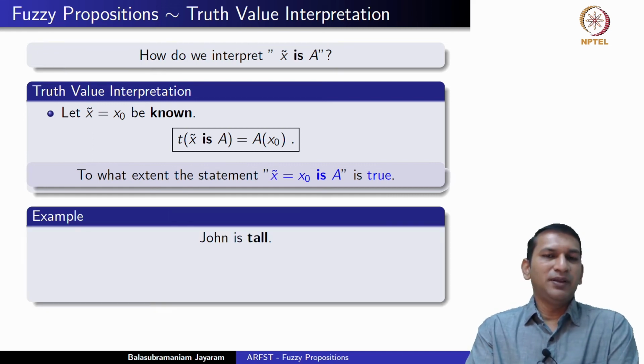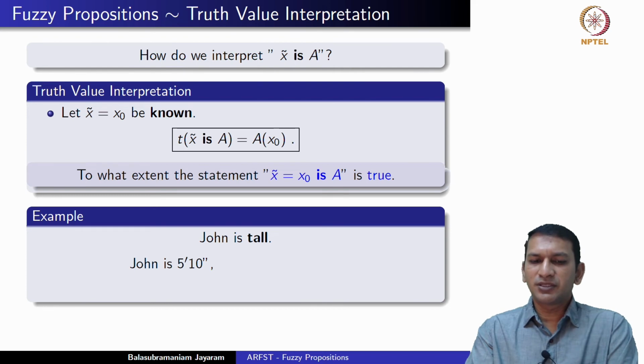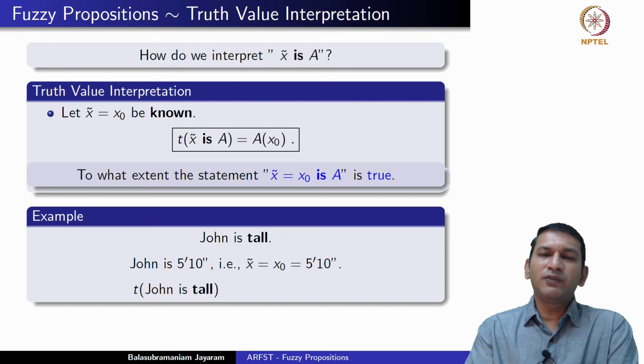In terms of our example, we have this fuzzy proposition, John is tall. Now we know that John is 5 foot 10 inches. That means x tilde is equal to x naught is 5 feet 10 inches. Now this is the truth value we assign to this fuzzy proposition. To what extent is John tall?